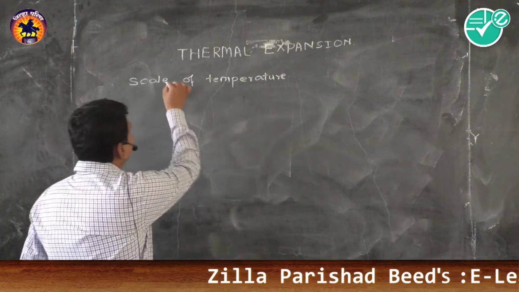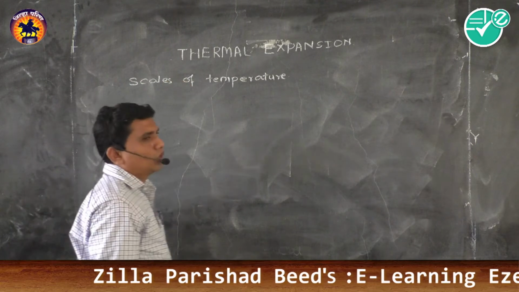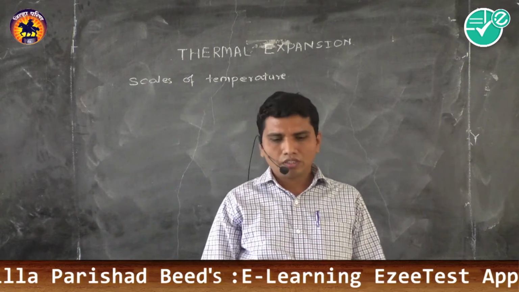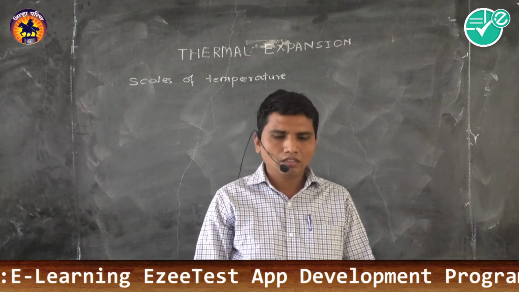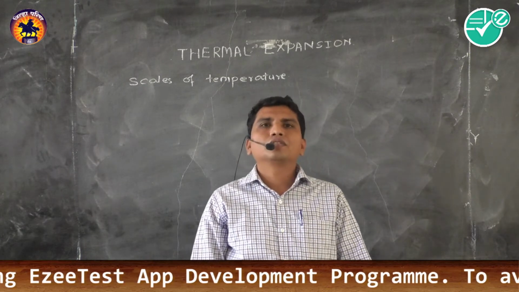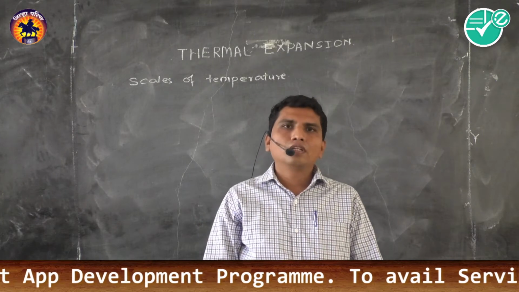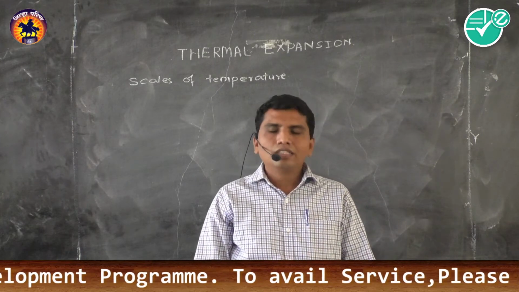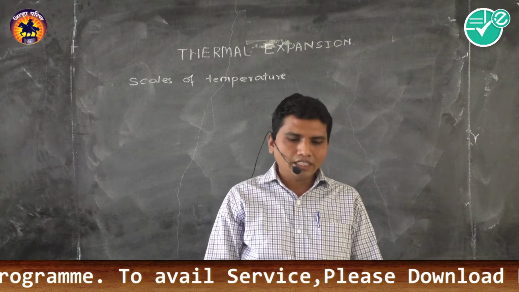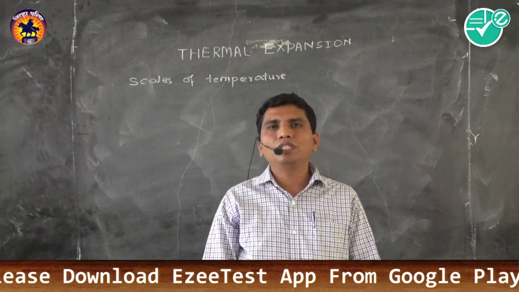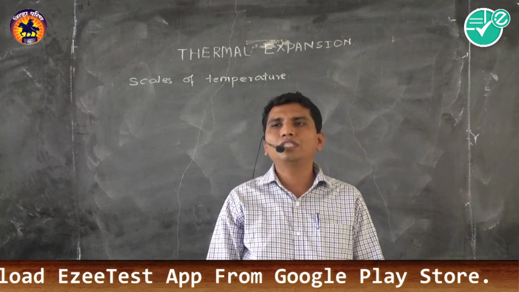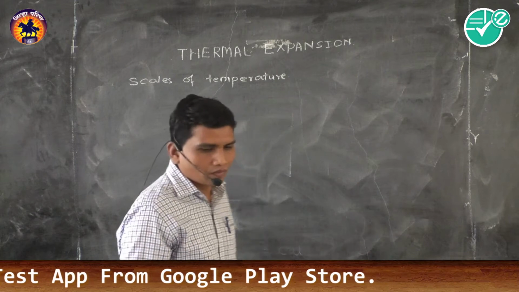There are three scales of temperature. First one, Celsius scale. Second one, Fahrenheit scale. And third one, Kelvin scale. So we are going to study these temperature scales one by one.